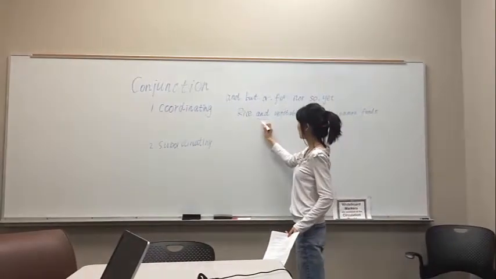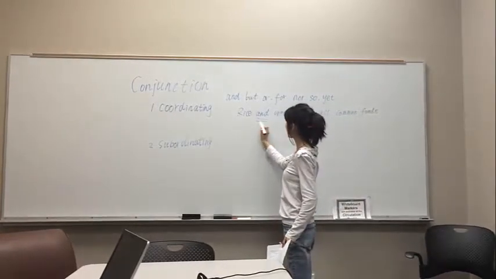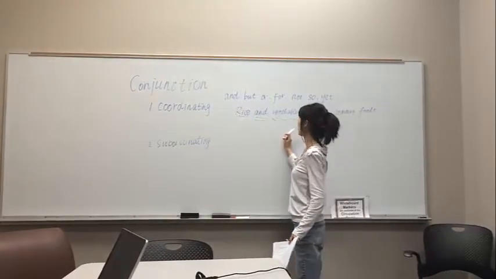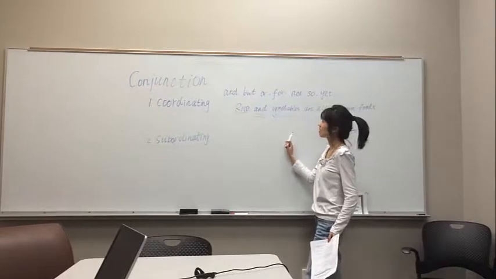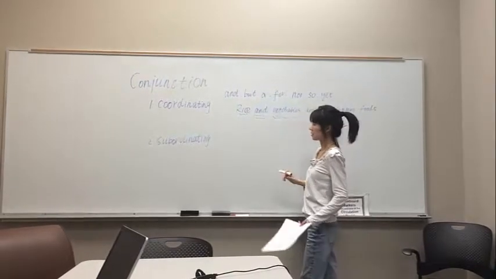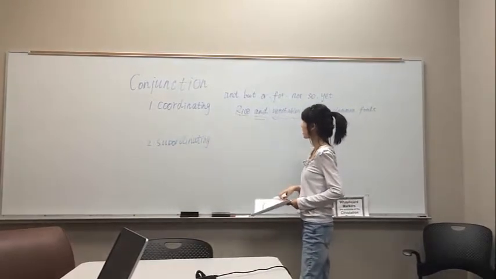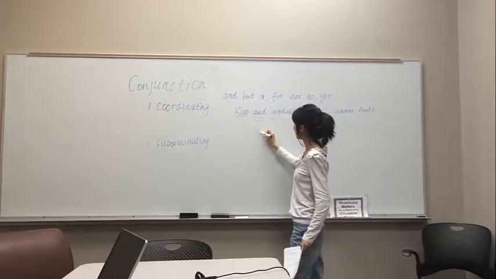Here, "and" is a conjunction, and it connects two words, rice and vegetables. Here, they are all nouns, and they are equal parts in these sentences, so it connects two words.